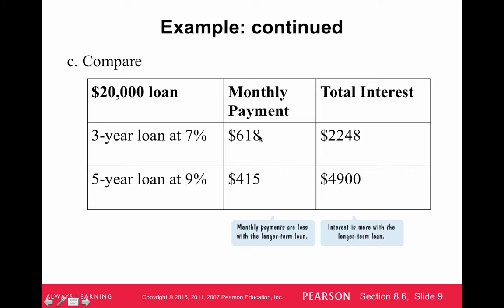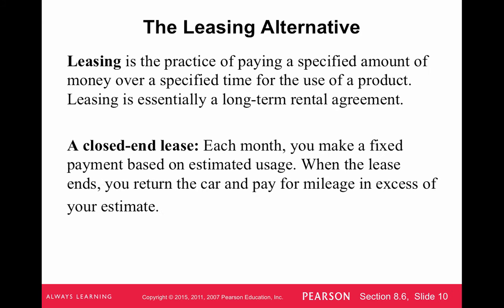So if you can afford this monthly payment of $618 versus $415, you should do it because in the long run you'll save money. It looks like you'll save over the course of this about $2,652. So keep that in mind.